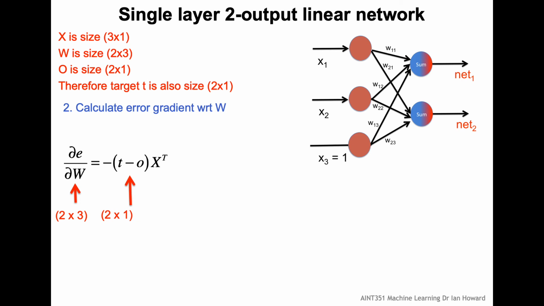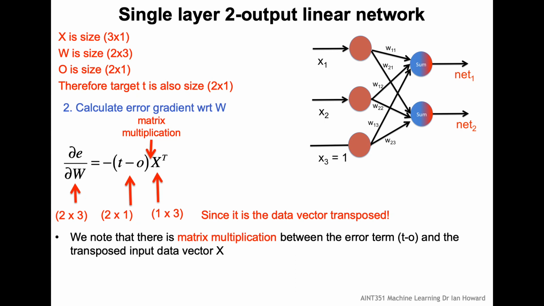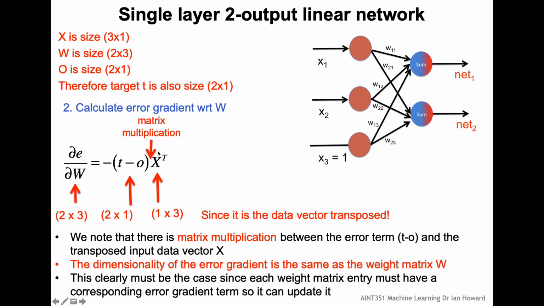In this particular case, we've got 2 outputs, so t is 2×1, o is 2×1, and we've got a single data vector, so this is a 1×3, because it's 3×1 transposed. The multiplication is matrix multiplication, so it's doing this weighted sum kind of calculation for us. Okay.